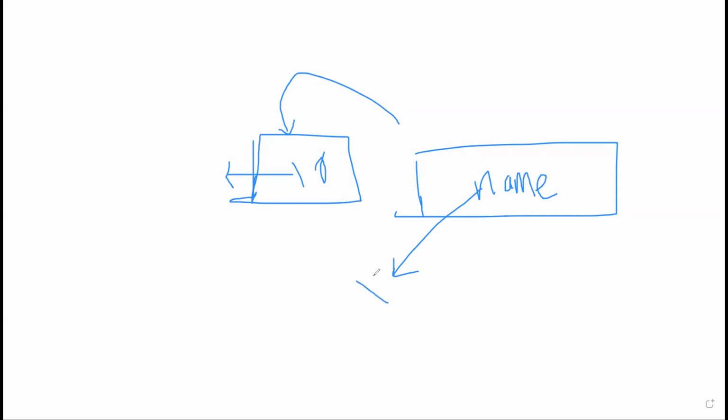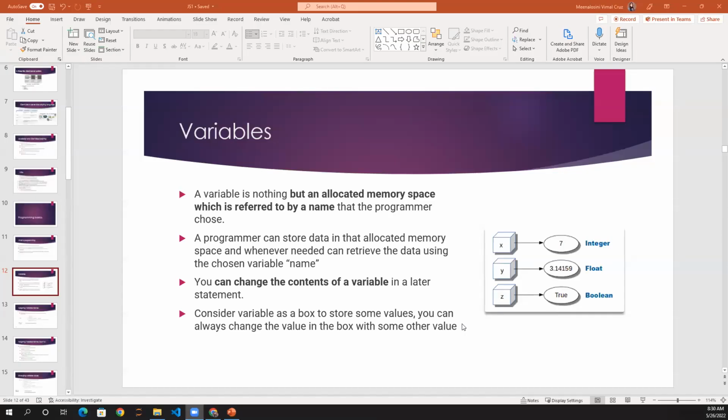So you're giving some name to that memory space. That name is called the variable name. For example, if you're saving that memory space as yes, then you're providing the variable name yes. So this is called a variable. Simply, you're providing a name for a memory so that you can access it later.